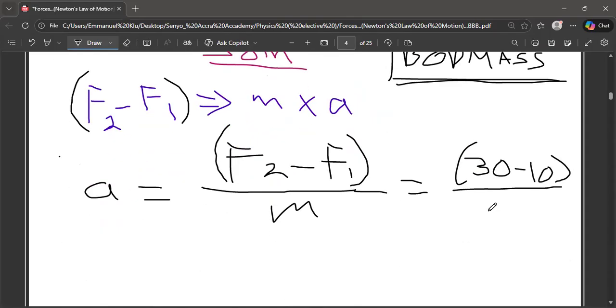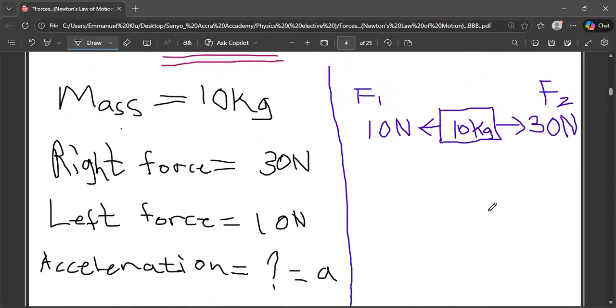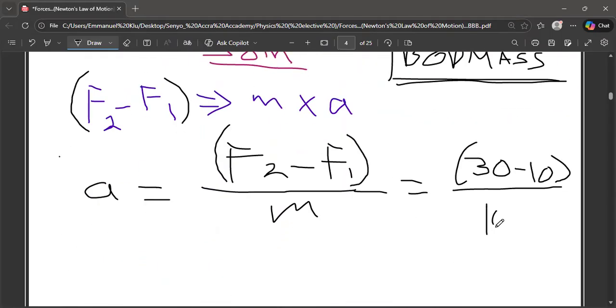And the mass was 10 kg. So over here, 10. All these are in Newton. I could put a Newton over here and a kg over here. Don't get confused. We said that multiplication is commutative, so 1 times 2 is the same as 2 times 1. As simple as that.